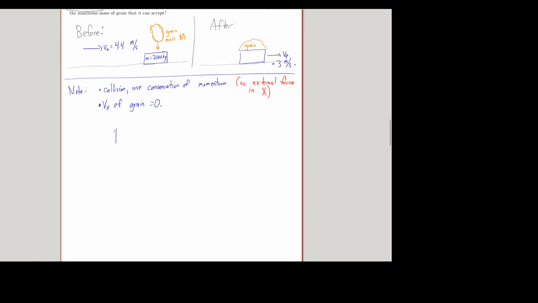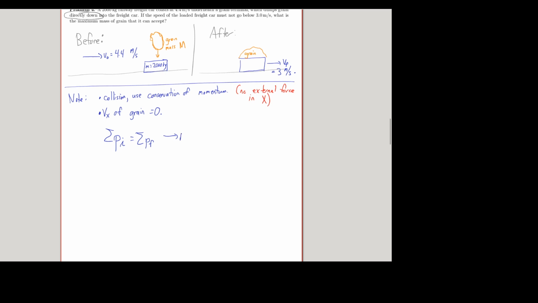So I have initial momentum equals final momentum, sums for both. The initial momentum is just the momentum of the train car.